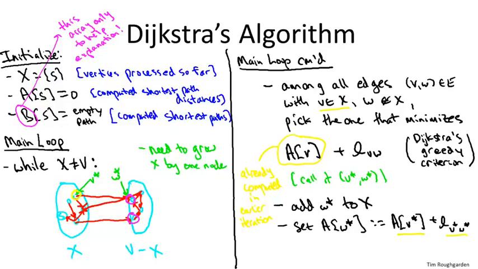Maybe it's something like 17. And then we'd say, what is the length of this direct edge from V star to W star? Maybe that's 6. Then we would just add 17 and 6, and we would put 23 as our estimate of the shortest path distance from S to W star.